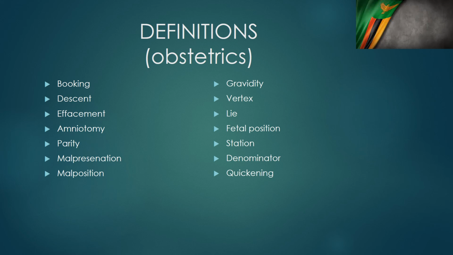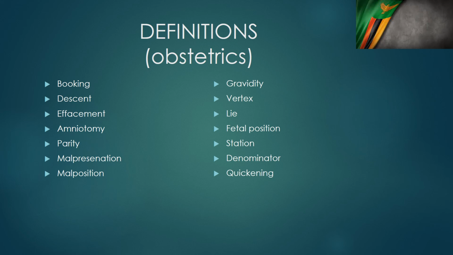When you have a cephalic presentation, the denominator is the occiput. So we'll describe something as an occipito-anterior position because the occiput, which is the denominator, is in the anterior part of the pelvis. If we say right occipito-transverse, it means that the occiput is on the right of the pelvis, and so on and so forth.